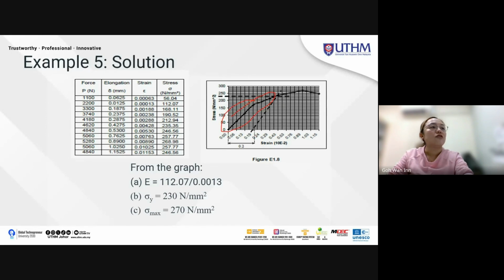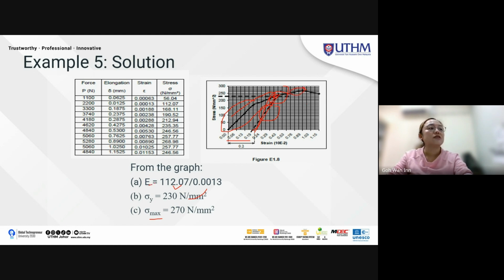When you plot the graph, you offset by 0.002, and you get the shape. From this you get the slope, which is E, and the stress is the yield stress. This maximum stress is this one.